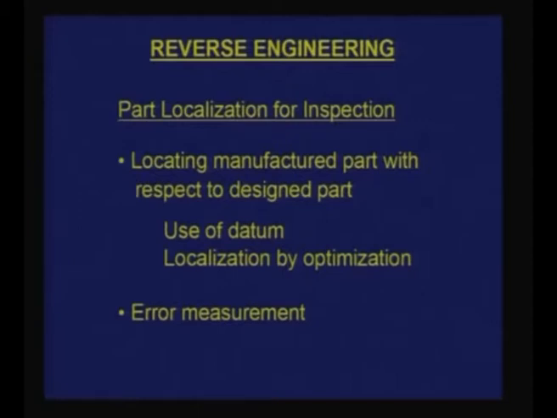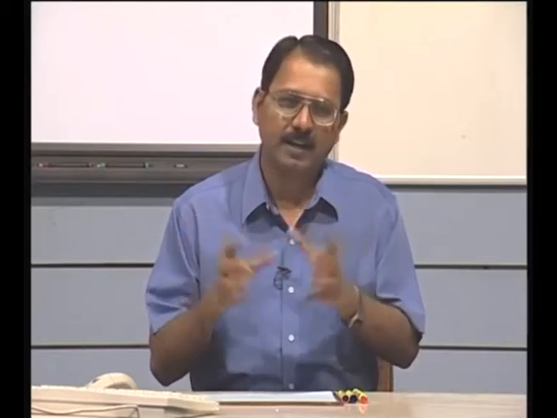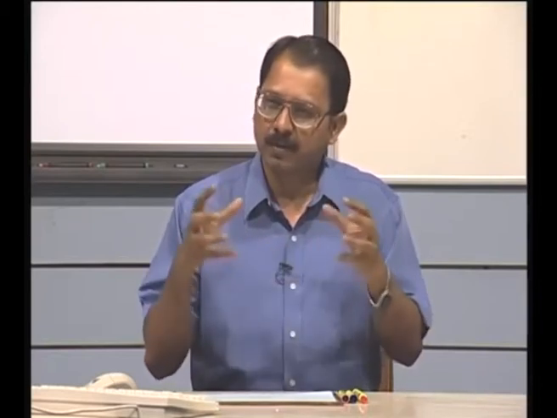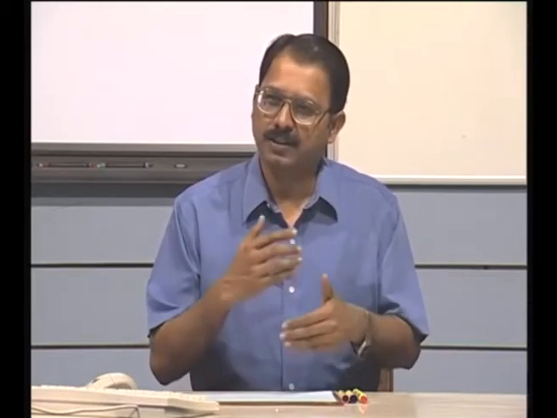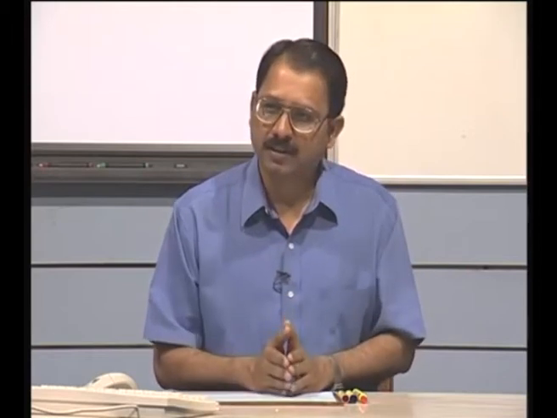How do I do this particular comparison? Because these are two different CAD models using two different coordinate systems in which their data has been obtained, but I would like to compare them to know whether the manufactured geometry really meets the design geometry.